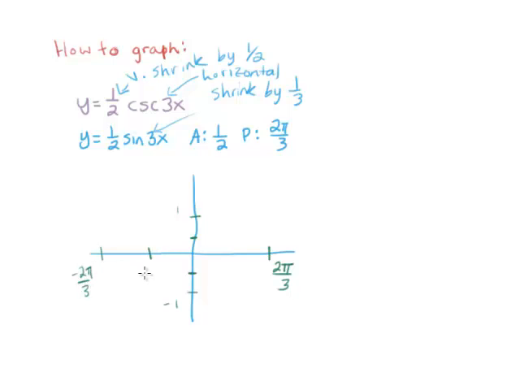If we make a mark halfway on each of these, halfway between 0 and 2 pi over 3 is going to be pi over 3. Make a mark halfway and halfway. And we're ready to draw our sine function.